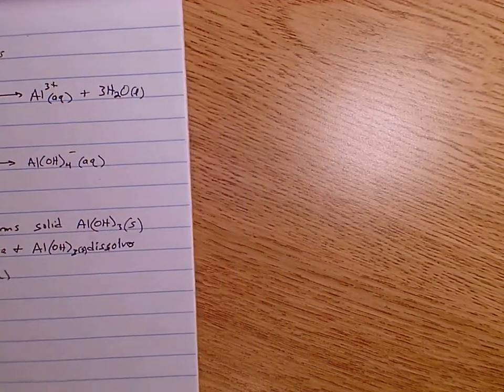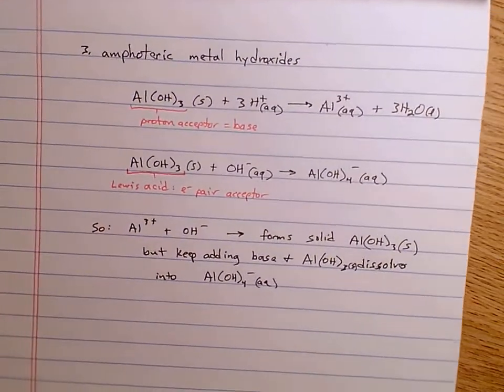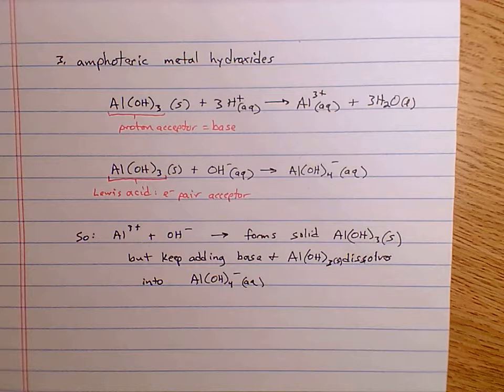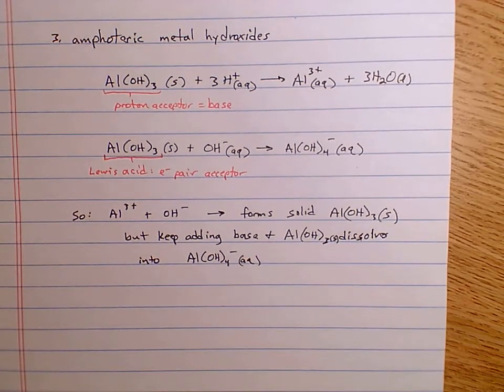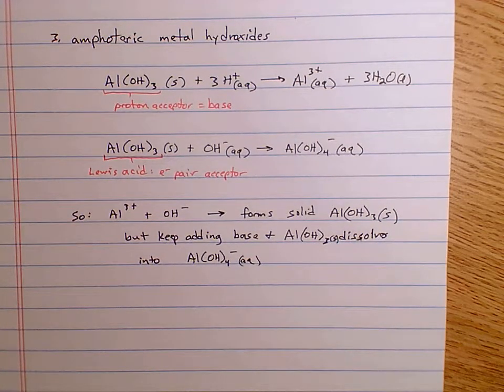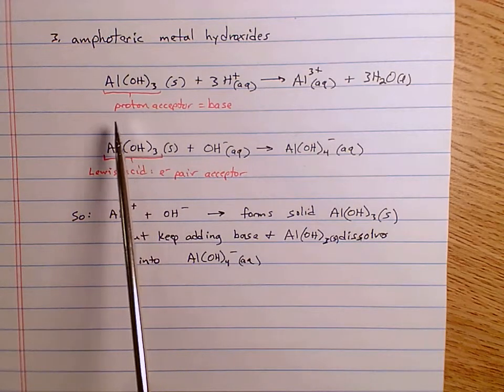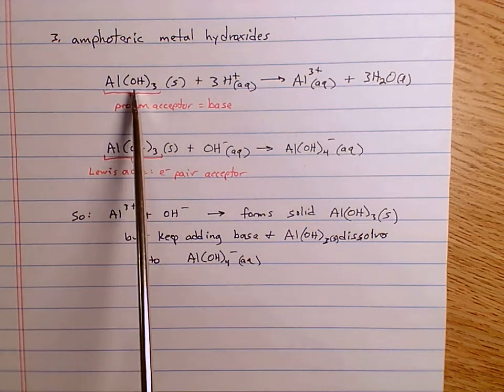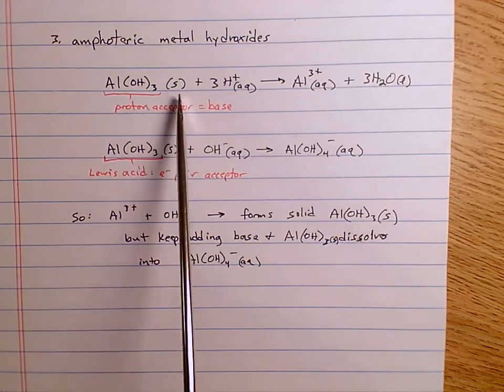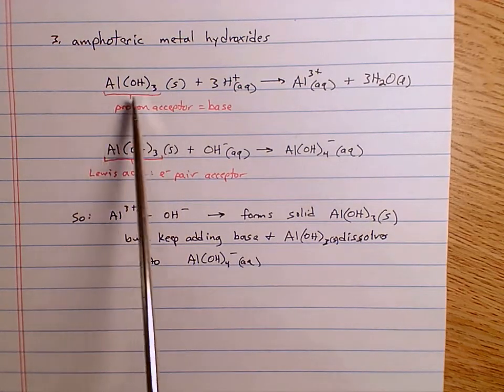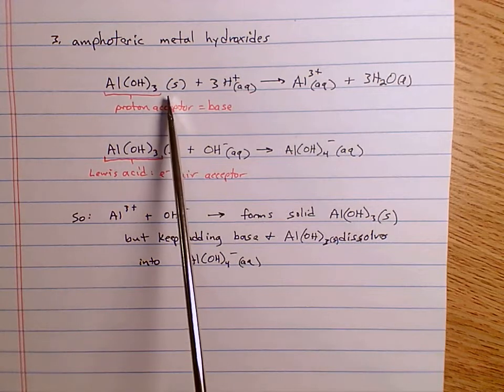Another interesting process with complex ion formation happens with amphoteric metal hydroxides. Amphoteric compounds can act as Lewis acids or Lewis bases. So let's look at Al(OH)3, aluminum hydroxide. It's a solid, it's not all that soluble.